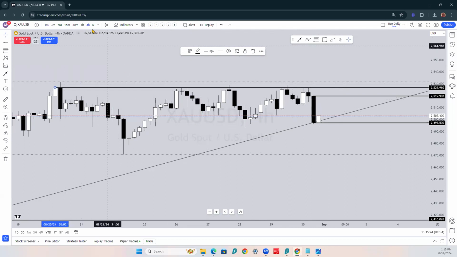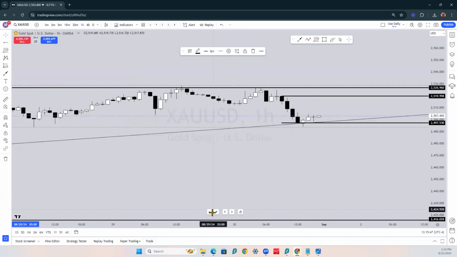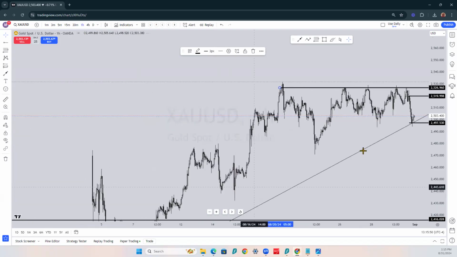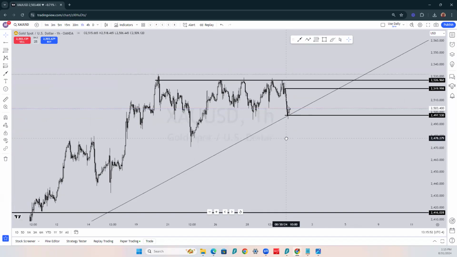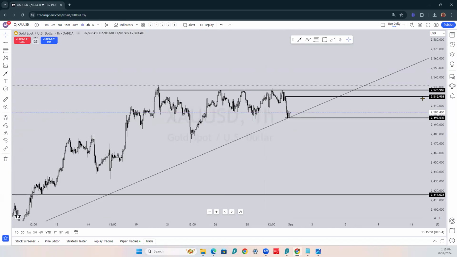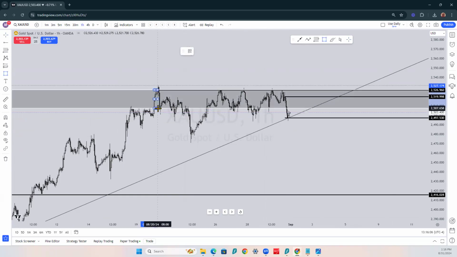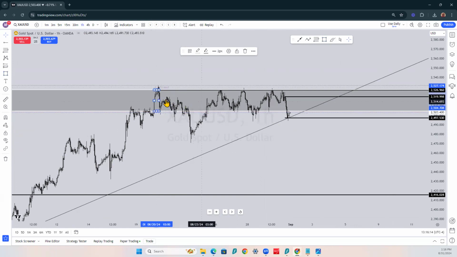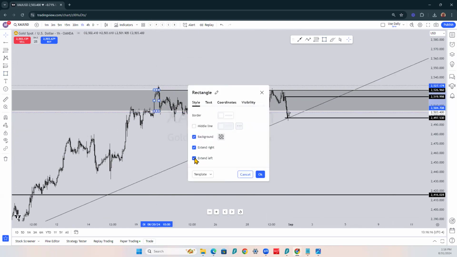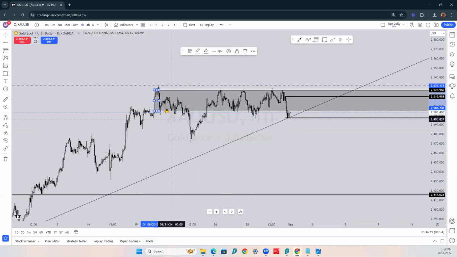So the market's having a hard time breaking above this particular resistance. All right, so now we're going to go down to the 1 hour. It is kind of like trending sideways, but then there's like a breakout. If we put a box on a sideways trend, which is right here, we notice the market couldn't make any higher highs and the market couldn't make any lower lows.